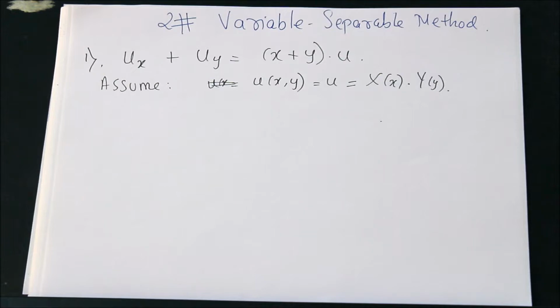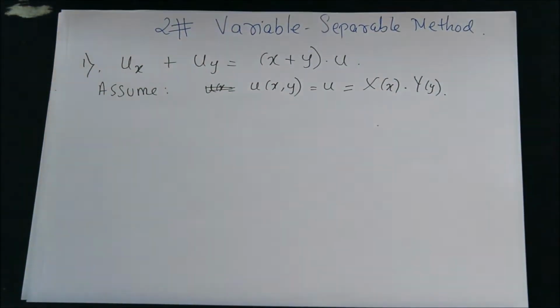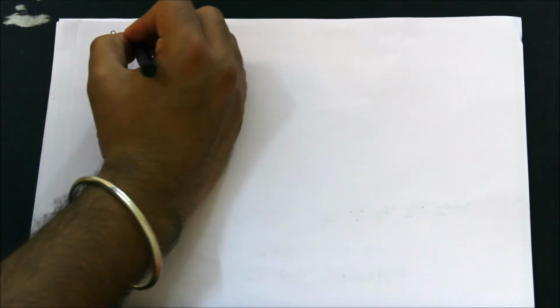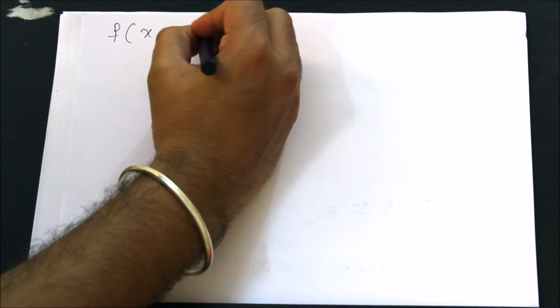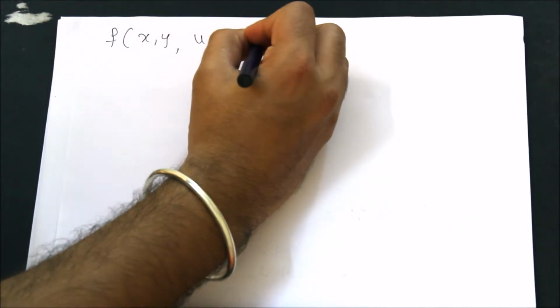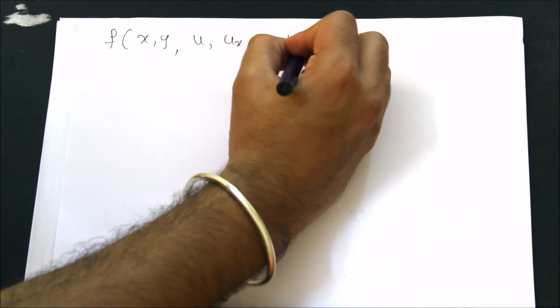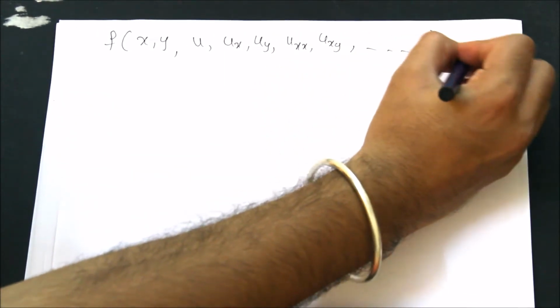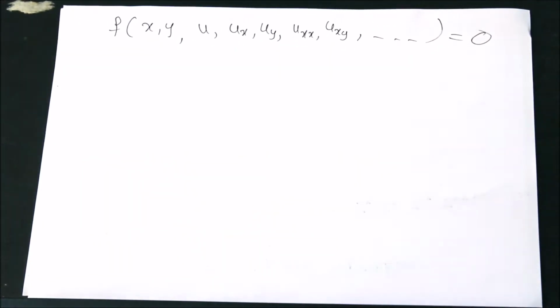Before that, one should know what we mean by a solution. Suppose x and y are my independent variables and u is my dependent variable, and these are the partial derivatives. If you have a partial differential equation, the left hand side is a function, a relation involving independent variables, the dependent variable and its derivatives.